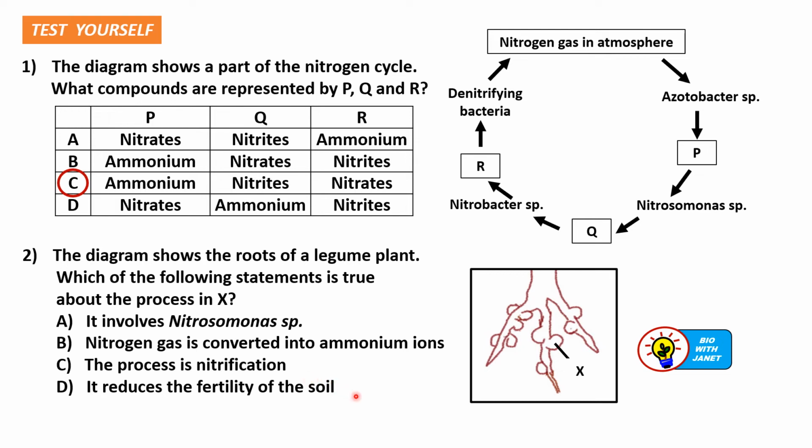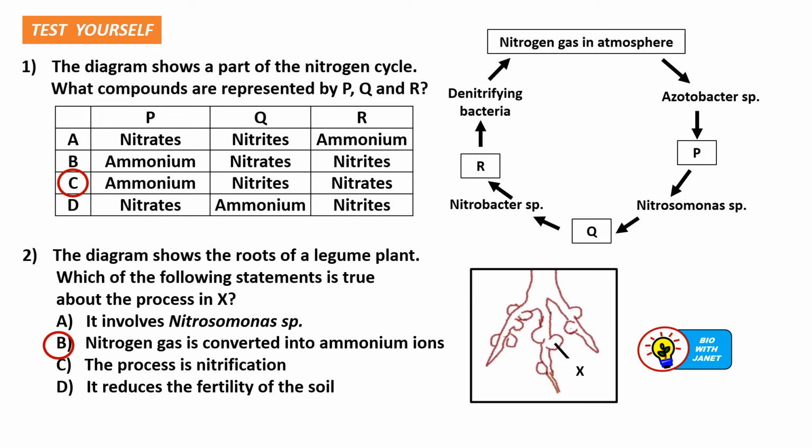So this process here in the root nodules has nothing to do with nitrification. Now next, it reduces the fertility of the soil. This is wrong. It's the opposite. It will increase the fertility of the soil because of the addition of ammonium ions in the soil, which can be converted into nitrates. So the answer here is B.